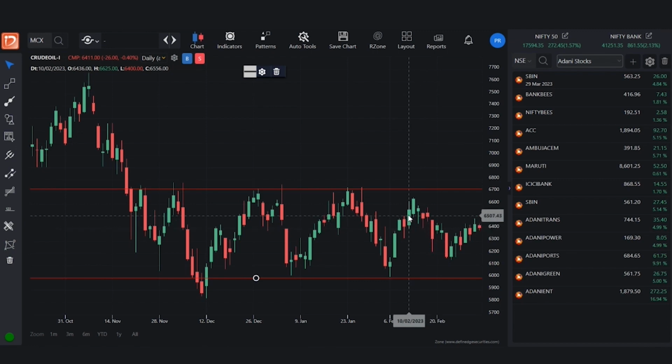So I'm going to show you where I took the trade for the call option as well as the put option. In the case of the call option, after it went to 6,700, the next day, on 14th of February, I shorted a 6,700 call. Fortunately, after that the crude oil went down to 6,100 or so.